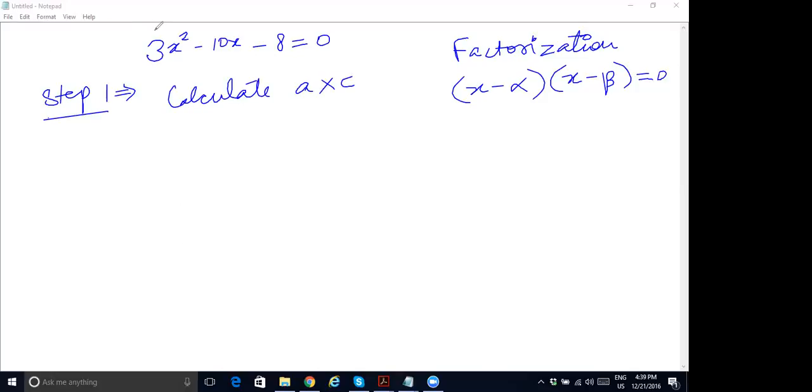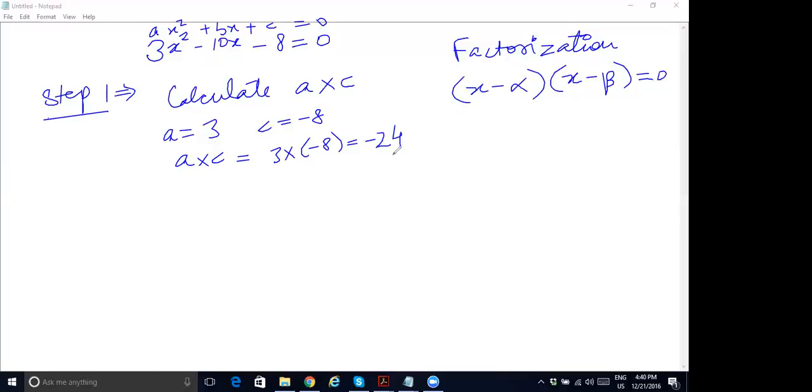For example, we can compare this equation with ax square plus bx plus c equals 0. In this scenario, a is 3 and c is negative 8. So a times c will become negative 24.